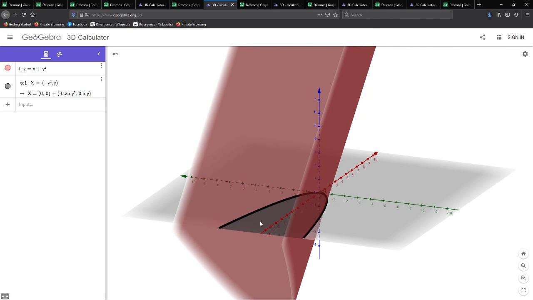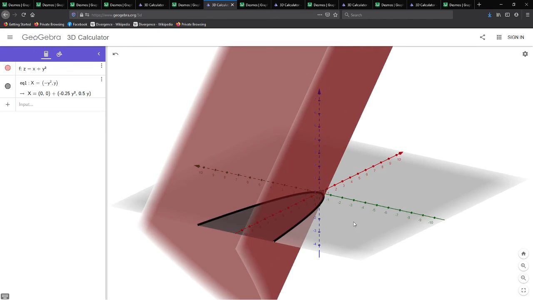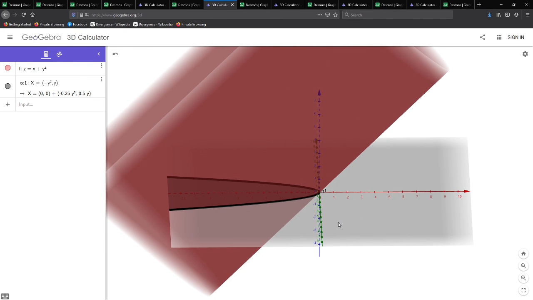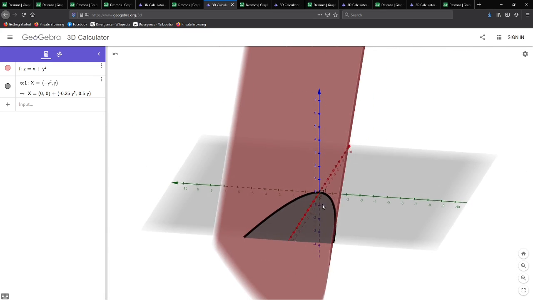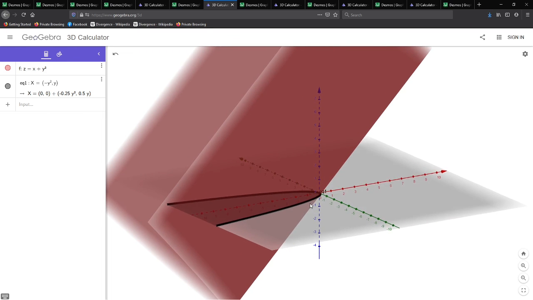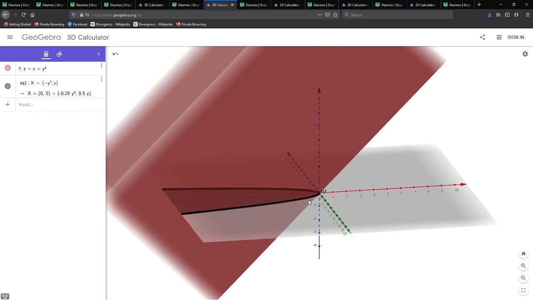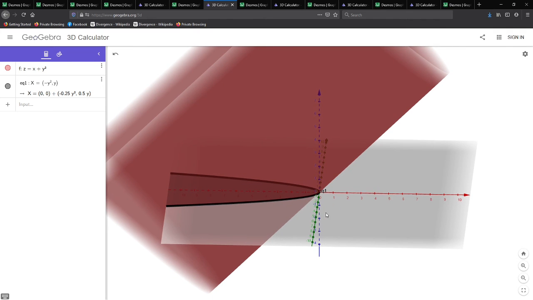In this gray region right here, this function is negative, and outside of this parabola, the function is positive, which exactly explains from before why all of these points are stable critical points, all of these points are unstable, and once we pass 0, we have no critical points, no critical values of this function.